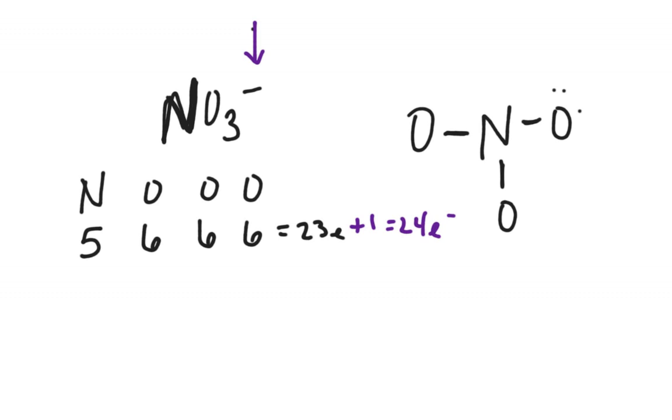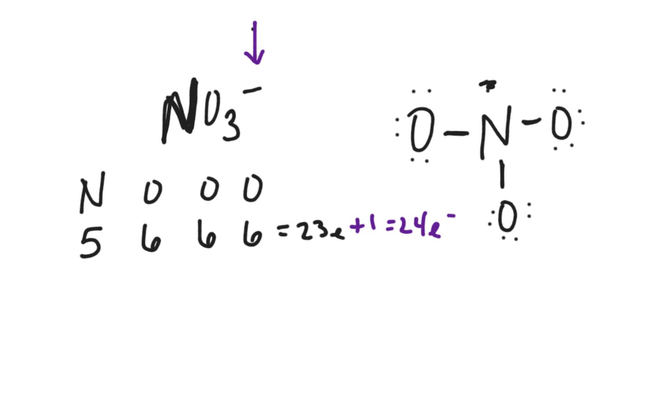So there's 8, 10, 12, 14, 16, 18, 20, 22, 24. And ignore this one, I didn't want to put that one there. Okay, so that is a valid Lewis dot structure for this ion.